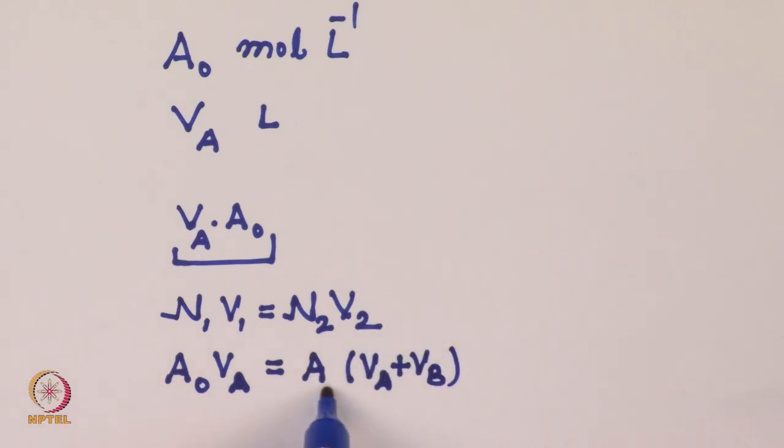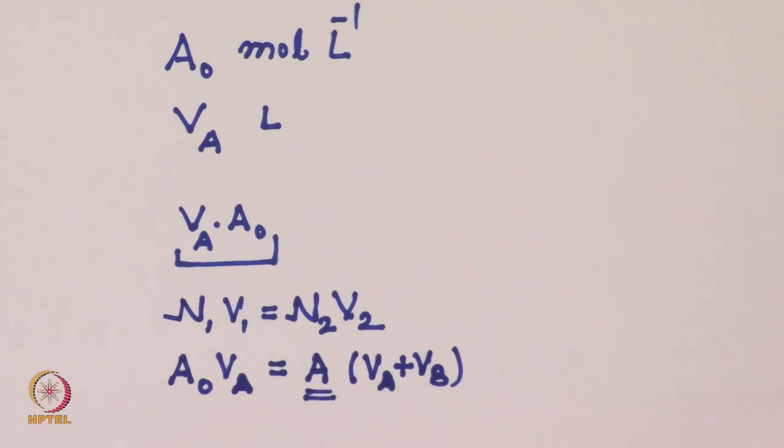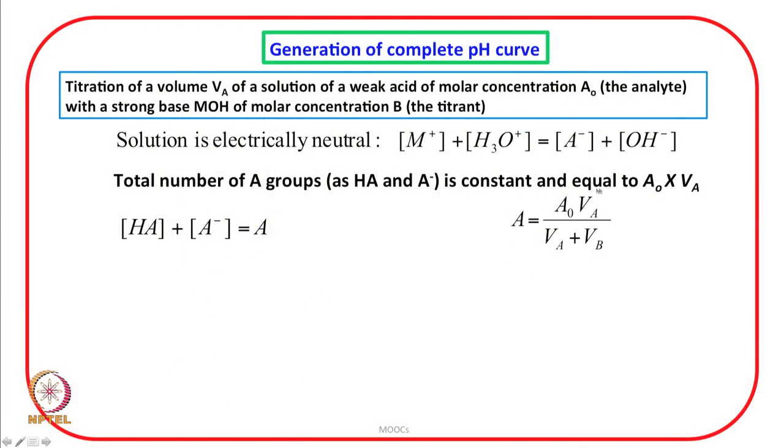From this, A is equal to A0 into Va divided by Va plus Vb. Once again, A is equal to A0 into Va divided by Va plus Vb, and that is what is written on the slide. Okay.